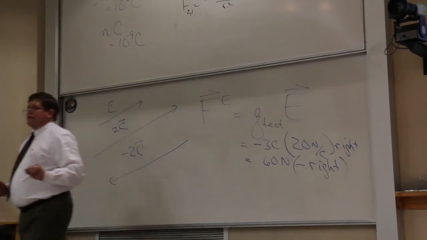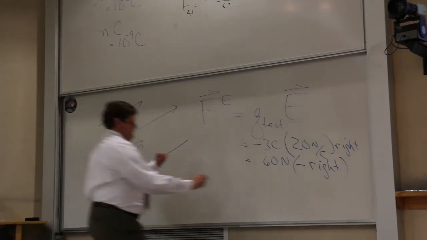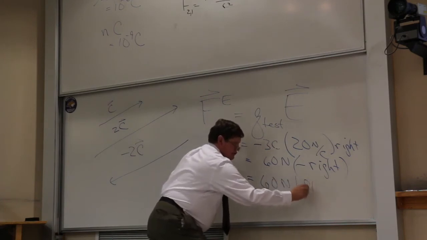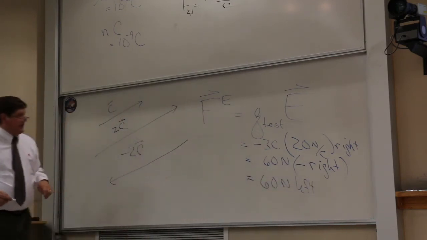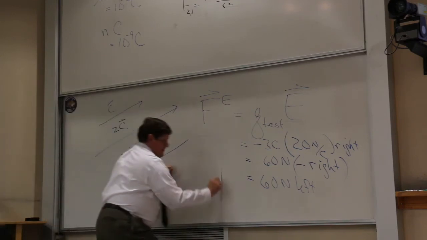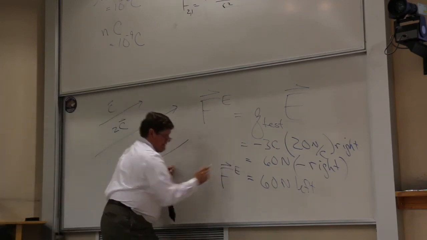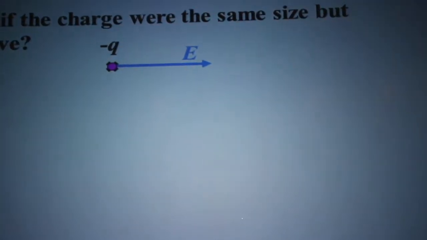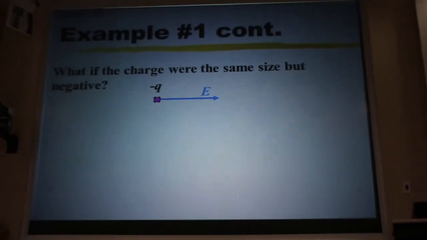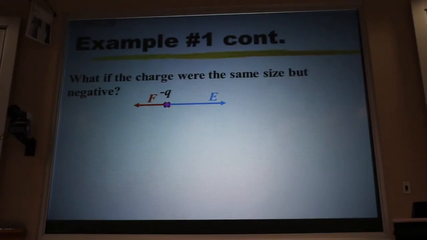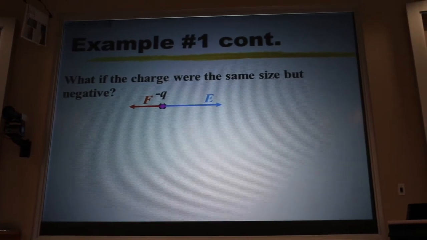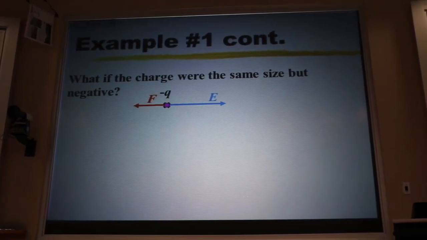What's negative right? Left. Two rights don't make a wrong, but three lefts make a right. Just saying. So whenever you have a negative test charge, that's what we call that little charge that I put there, a test charge, the force in the electric field will always point in the opposite direction.